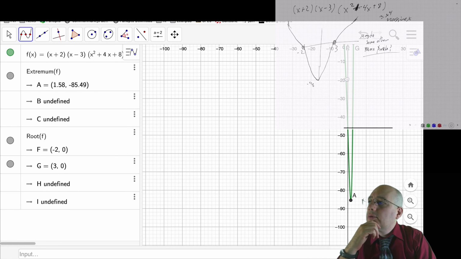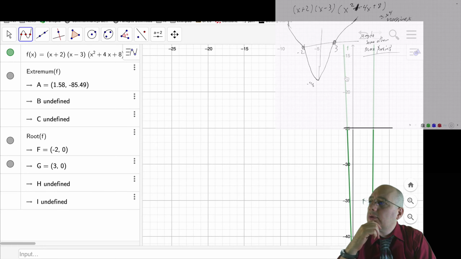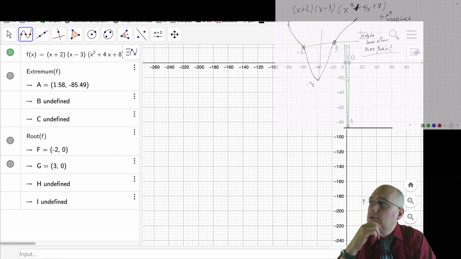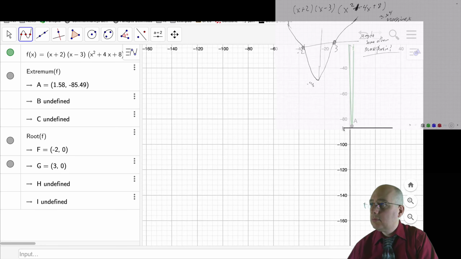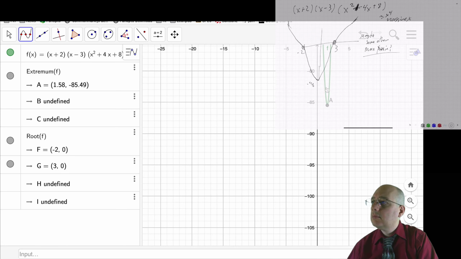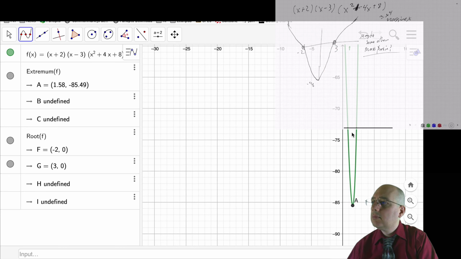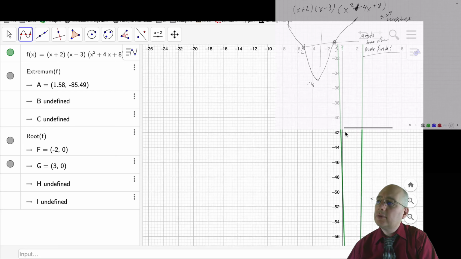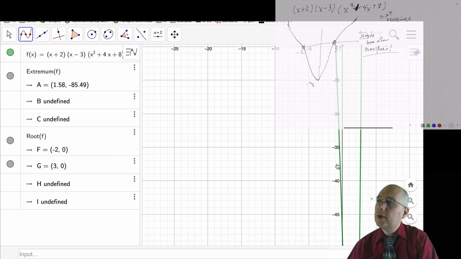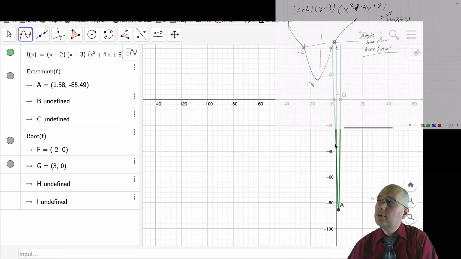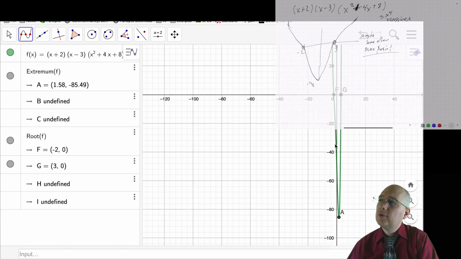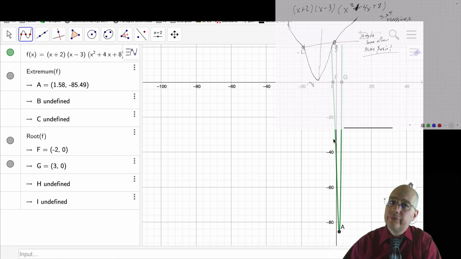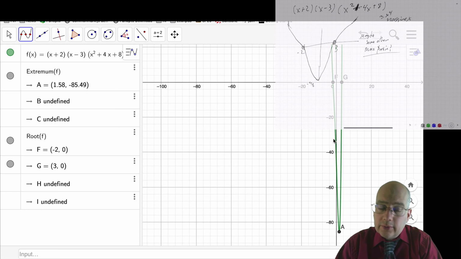Alrighty, so you can see it's pretty narrow, like so. A little bit of strangeness going on, but there wasn't any really extra max or min going on. It's getting very narrow.